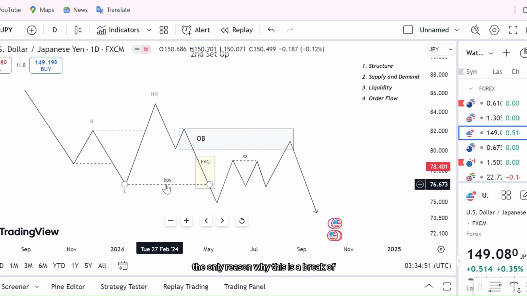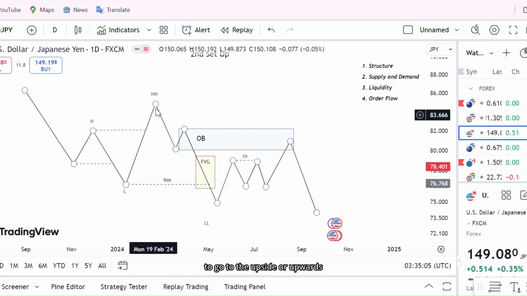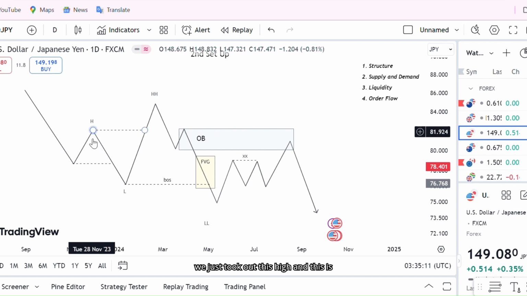So the only reason why this is a break of structure, not a change of character, is because when we took out this high, this was not a change of character. We were not changing direction to go to the upsides, right? So we just took out this high, and this is how the market always plays out.